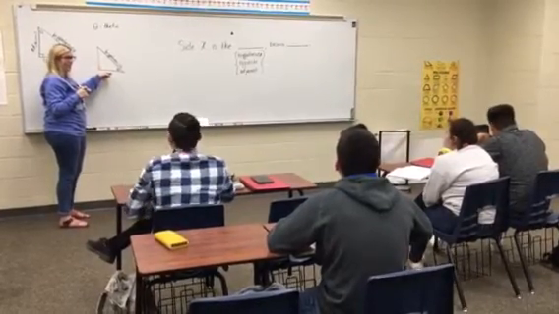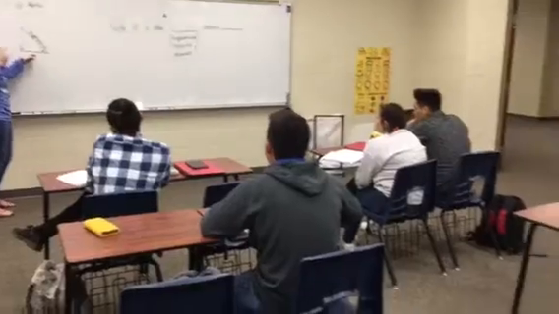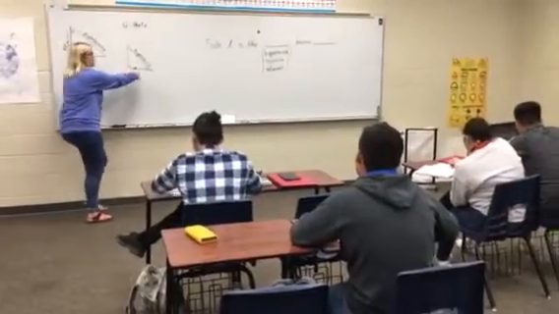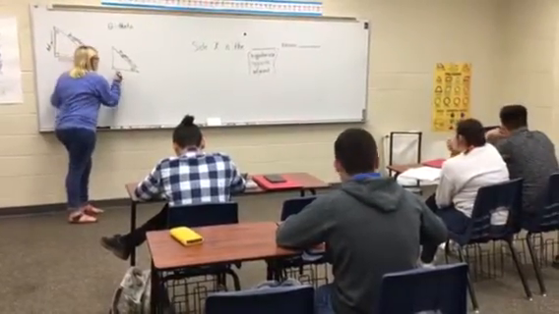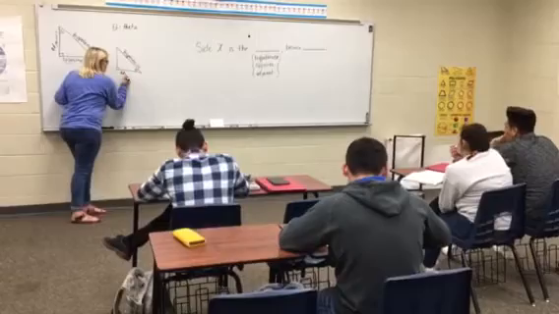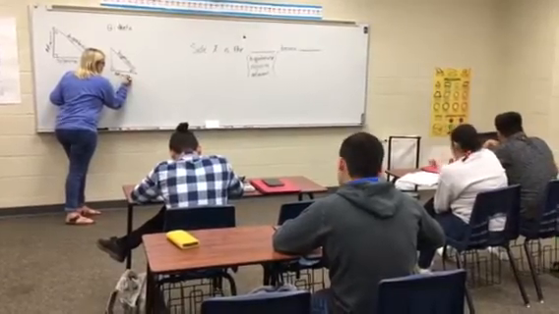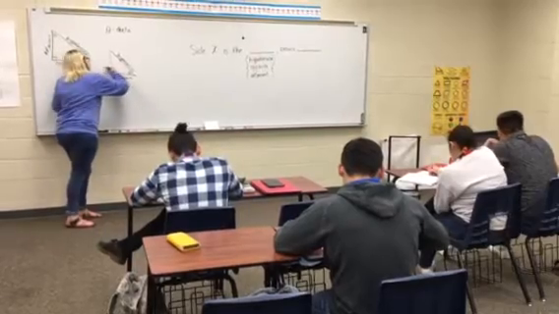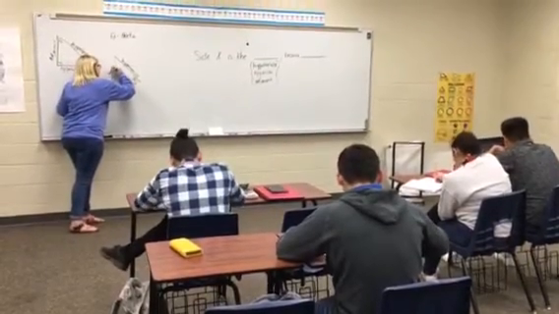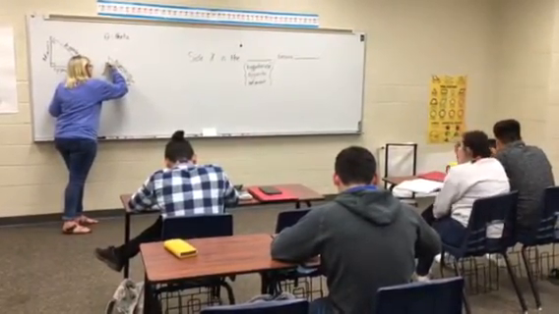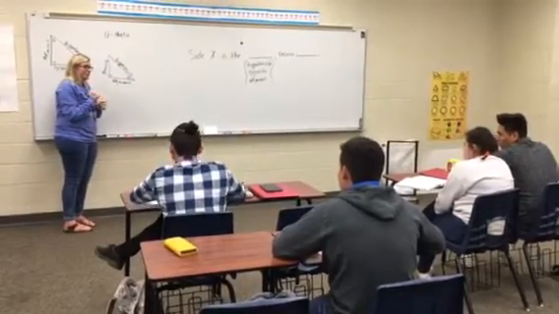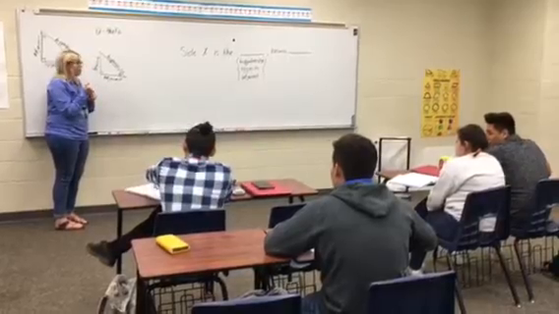Adjacent, because it's next to theta. You see, it's not the same here because theta moved. So now this side is the adjacent, and over here, this is opposite. Questions?